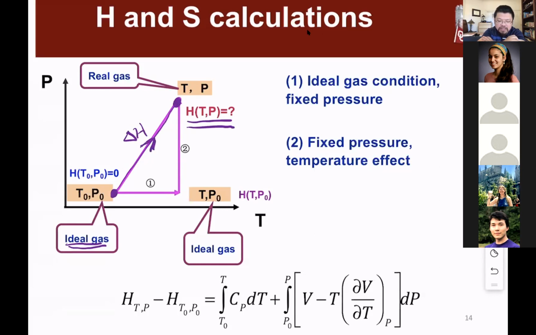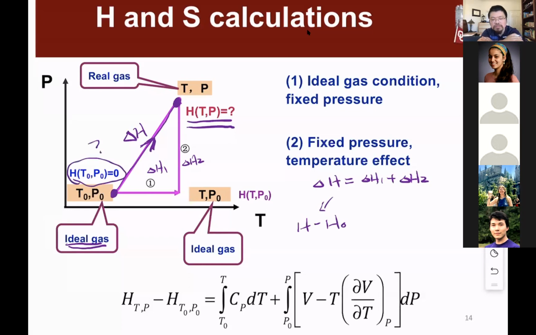On the other side, enthalpy is a state function. If we are going to design our own process, I can also express this as delta H1 and delta H2. For the calculation itself, delta H is delta H1 plus delta H2. And of course, the delta H itself is H minus H naught. And we will check if this is possible for the ideal gas.